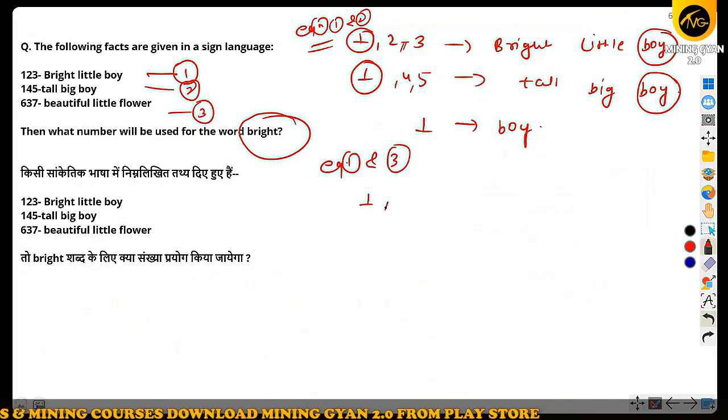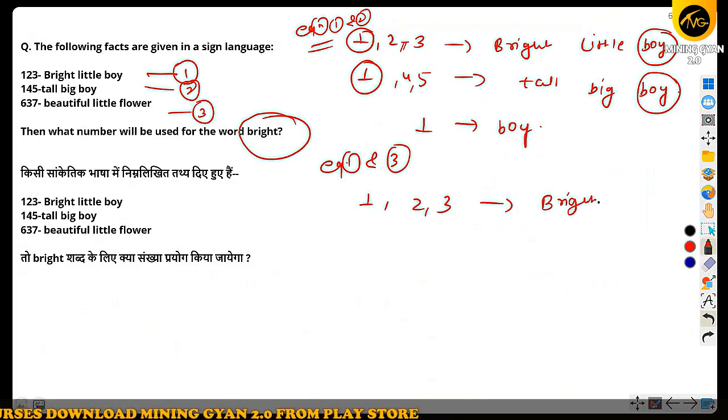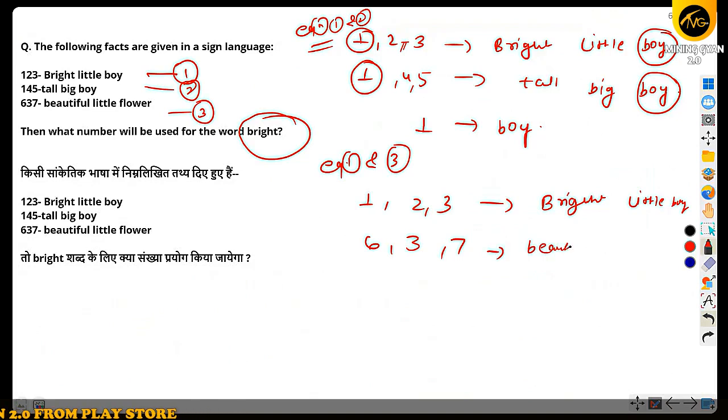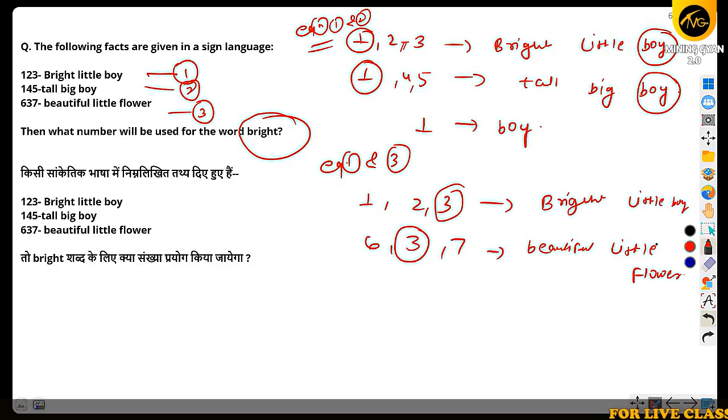Equation number 1 is 1, 2 and 3, bright little boy, and equation number 3 is 6, 3 and 7, beautiful little flower. The number common in both equations is 3 and the word common in both is little. So basically 3 represents the word little.